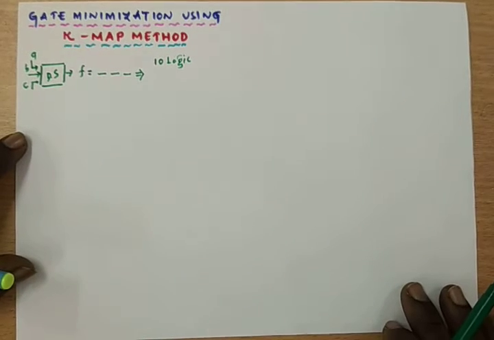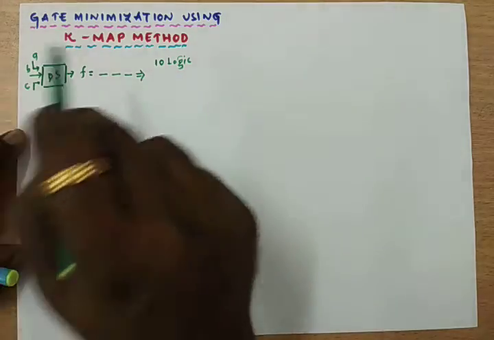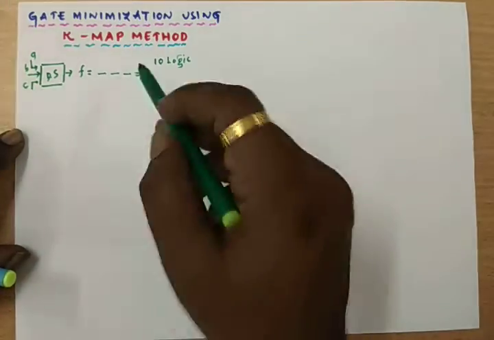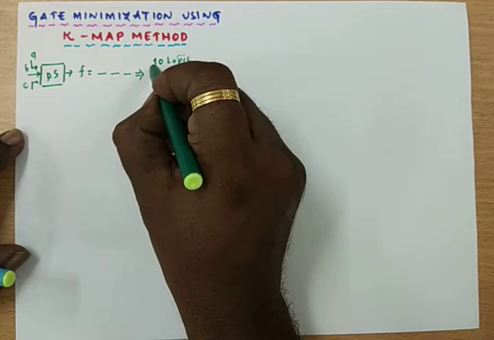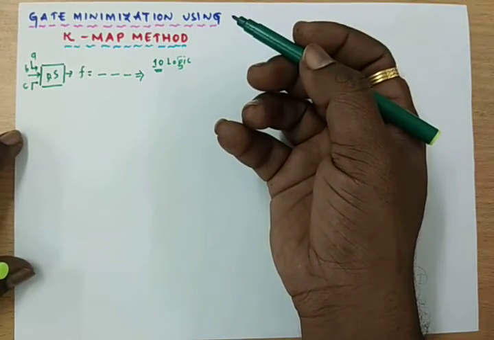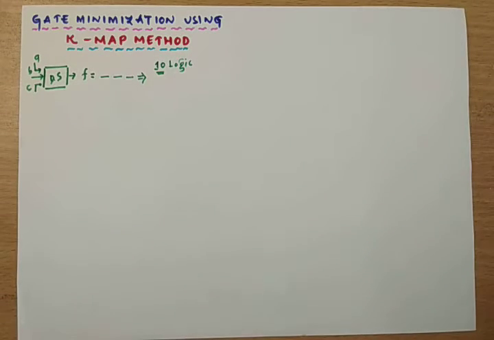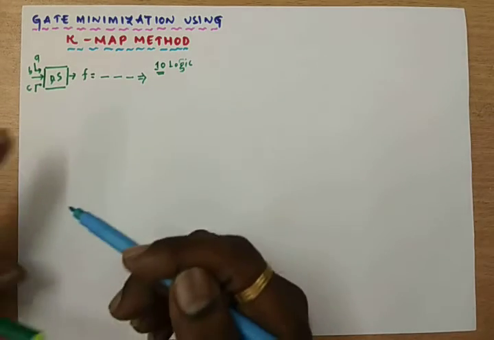We know the three types of logic gates: basic logic gates, universal logic gates, and the exclusive logic gates. If I realize this Boolean expression by making use of these logic gates, I require 10 logic gates. So to reduce this number of logic gates, I am simplifying this Boolean expression.